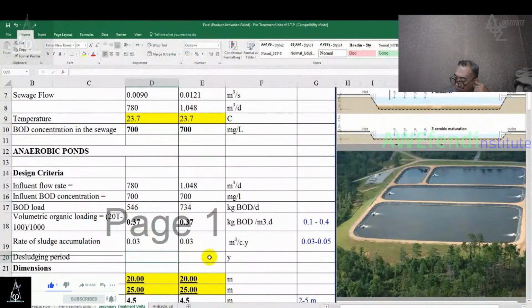The sludging period, the unit is year. So we can assume any figure, 1 year or 2 years or 3 years, assume 3 years. This means the sludge is removed from the bottom of the pond every 3 years.